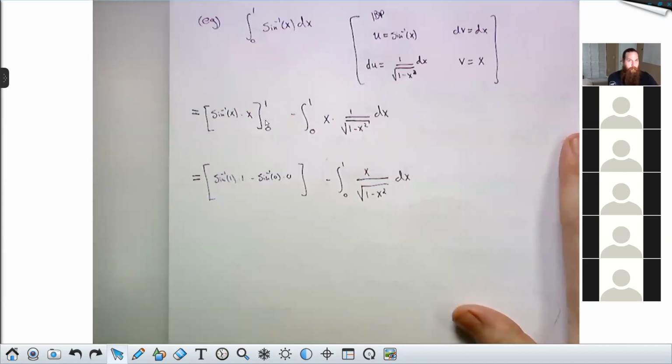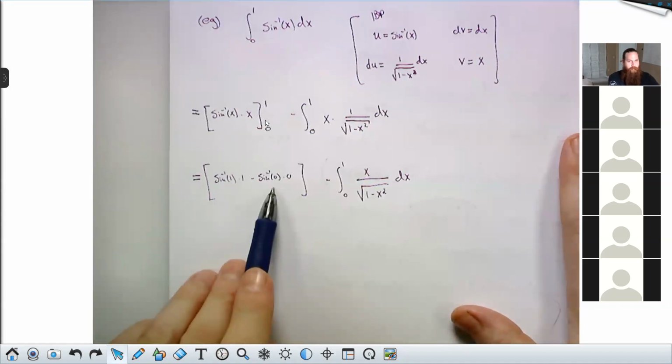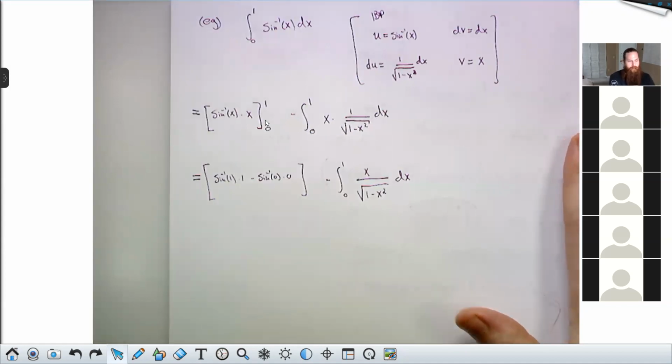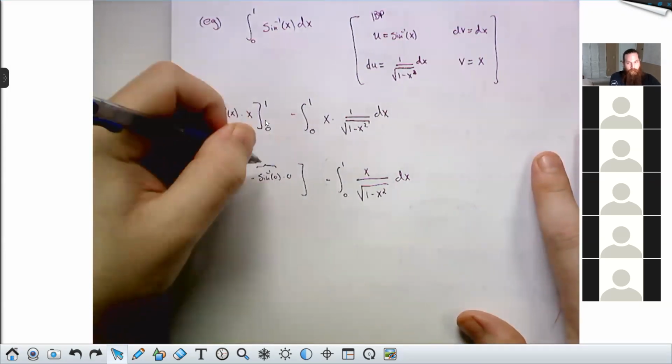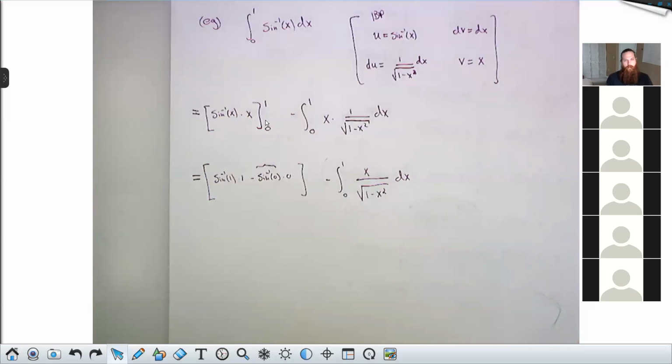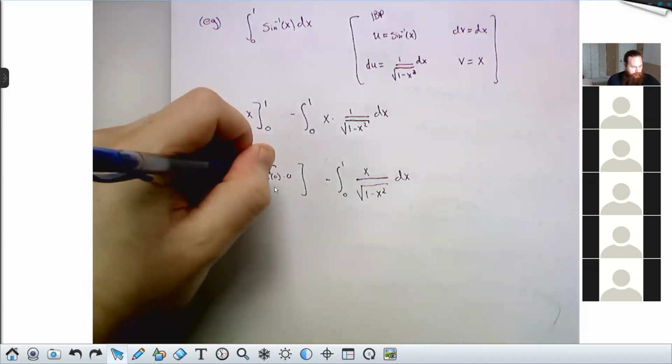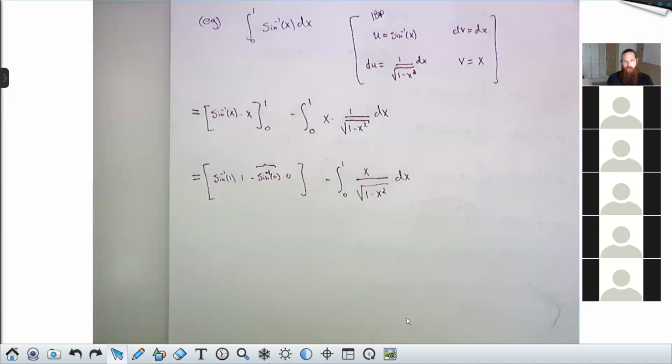Okay, help me out, guys. What is the inverse sine of 0? For what angle between negative pi over 2 and pi over 2 is the sine of that angle equal to 0? 0.